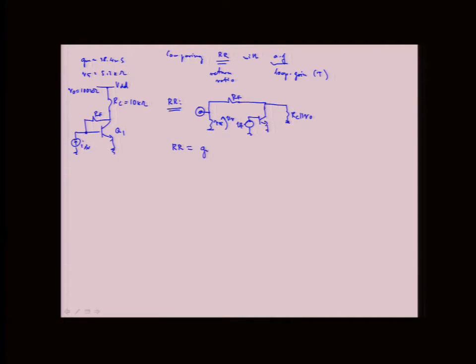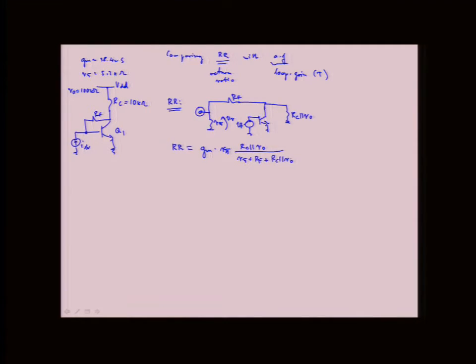And then we'll do GM times R pi. So it's GM from this source times VT times R pi, and then the current divider between RC, RO and everything else: R pi plus RF plus RC in parallel with RO.